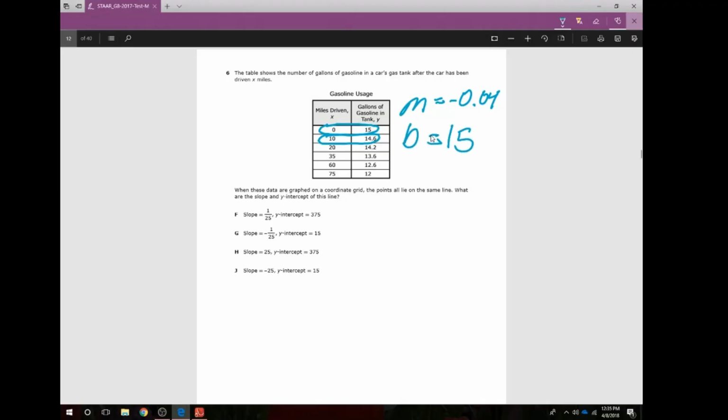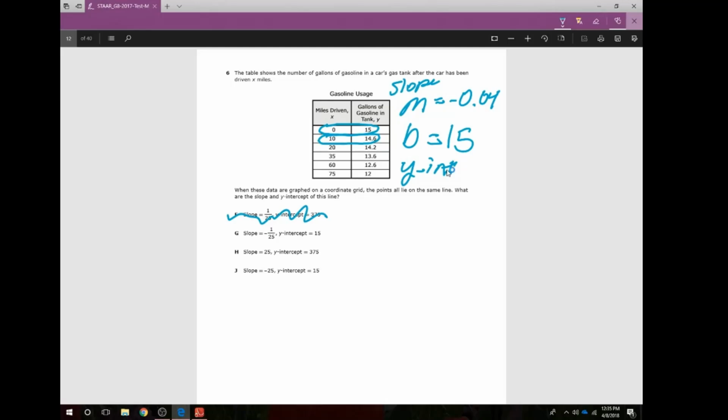So right off the bat, here I can get rid of some of my answer choices. I can get rid of F, because remember, M is slope, B is y-intercept. So choice F does not have a y-intercept of 15.